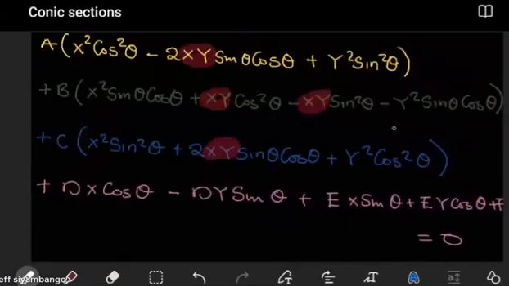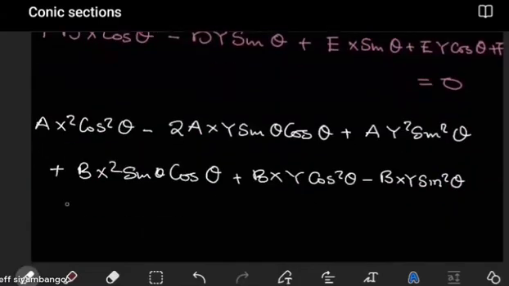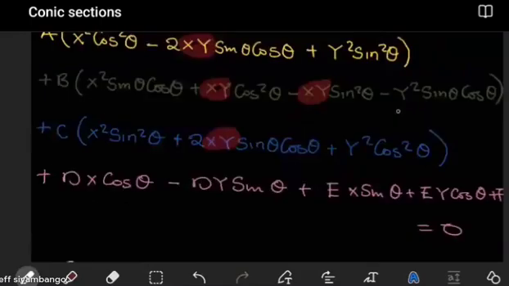And we have minus B y squared. I think that was sine theta cos theta. Just verify that. That is here, y squared, sine squared, and then we have cos squared. Not sine squared, sine theta cos theta.